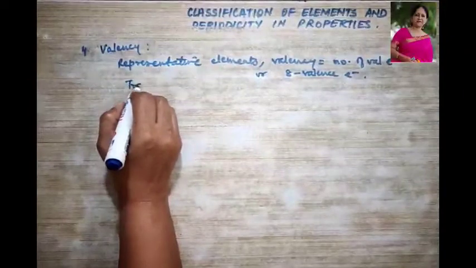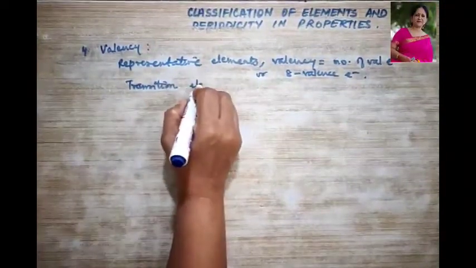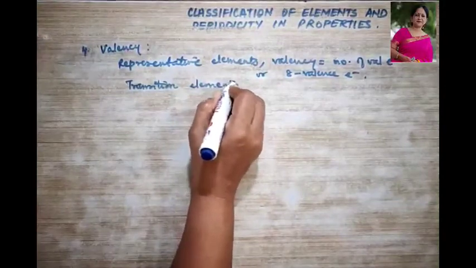Whereas in transition elements, where are transition elements? The D block elements, okay? These are the transition elements.